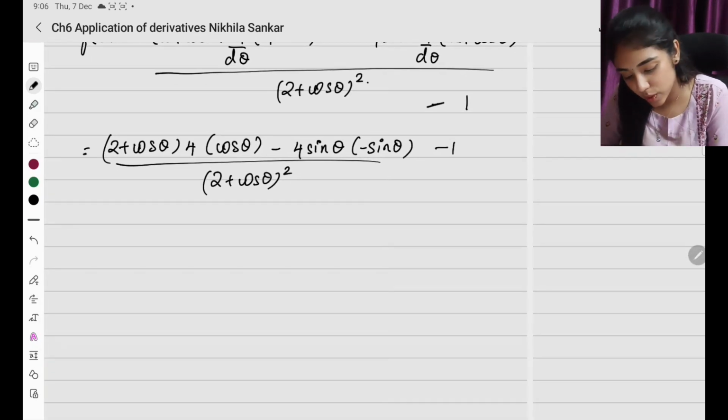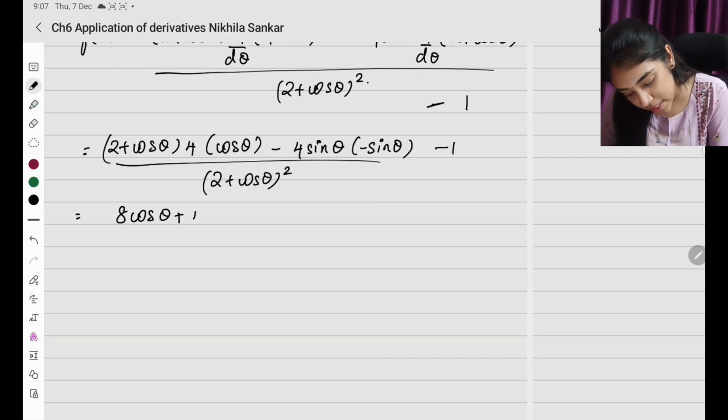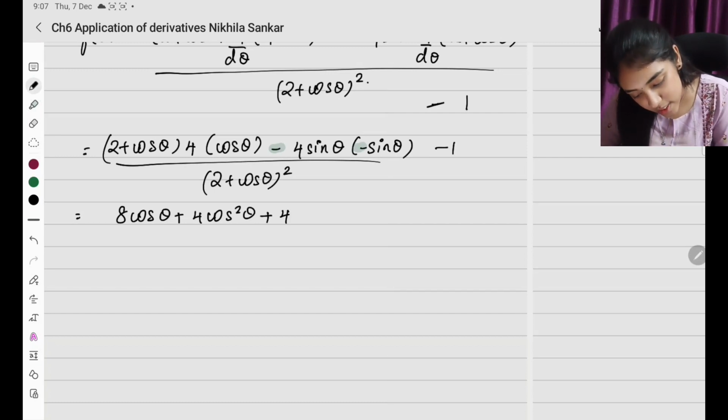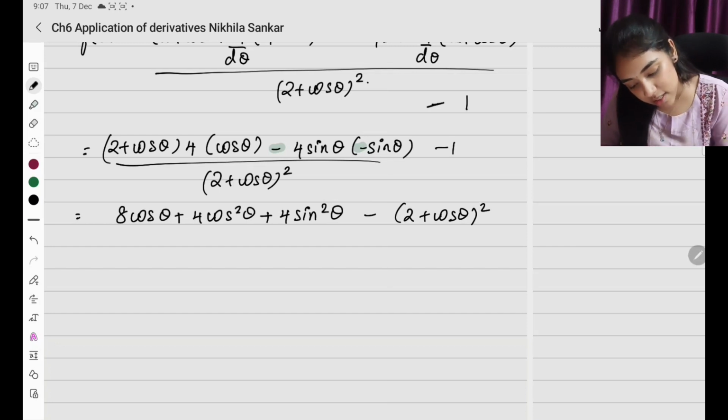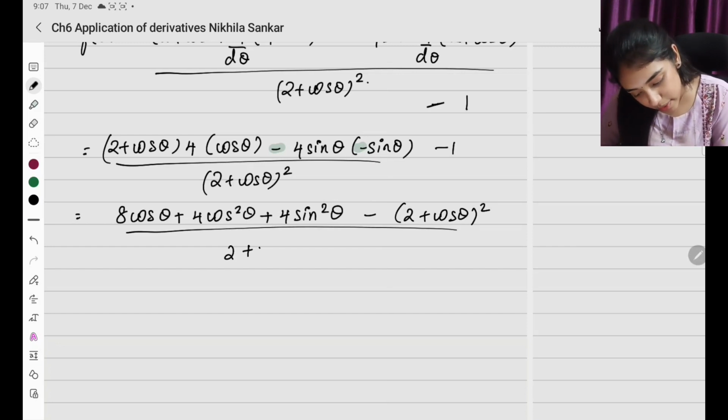Don't forget the minus 1. When I multiply this inside, I have 8 cos theta plus 4 cos square theta plus 4 sin square theta, minus, when I take the LCM, 2 plus cos theta the whole square, the whole divided by 2 plus cos theta the whole square.